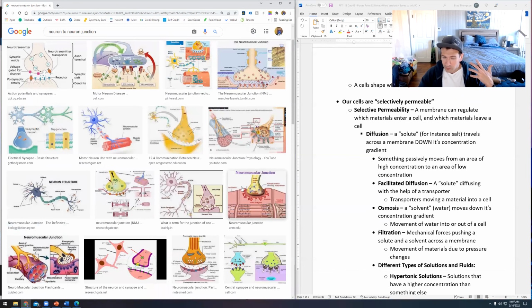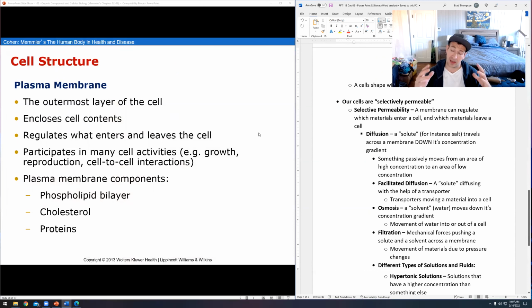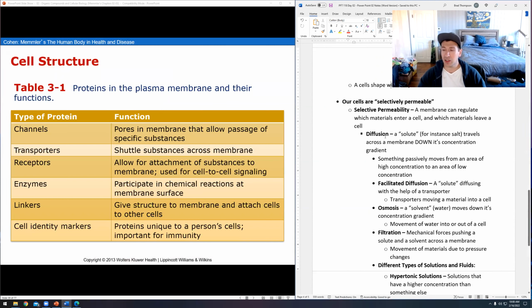The outside membranes of those cells are actually interacting using little chemicals. On the tail end of one neuron, it'll spit out chemicals, and on the receiving side of another neuron, it'll accept those chemicals, and that's what tells it to do the next thought or action, right?